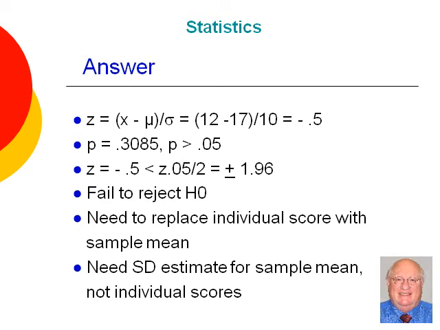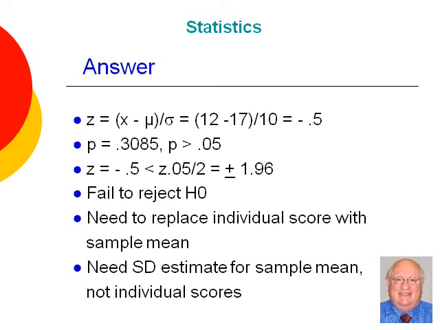However, if we left it there, we would have made a serious error. Note that the formula for the z that we have learned is x minus mu, where x is an individual score, a single score. But in this example, we have a mean of 25 participants, or essentially 25 individual scores brought together into one summary statistic. So our formula needs to change in order to deal with group phenomena instead of individual scores.